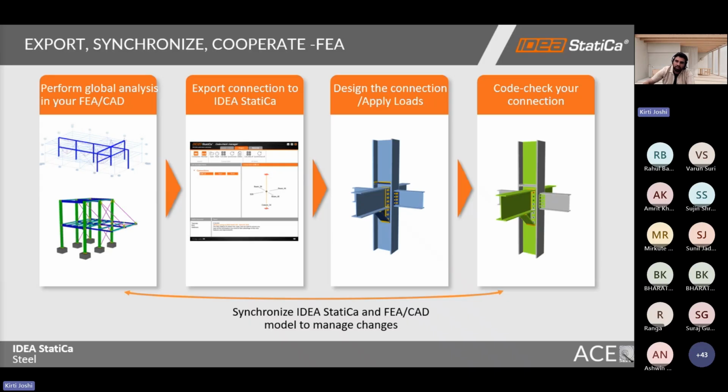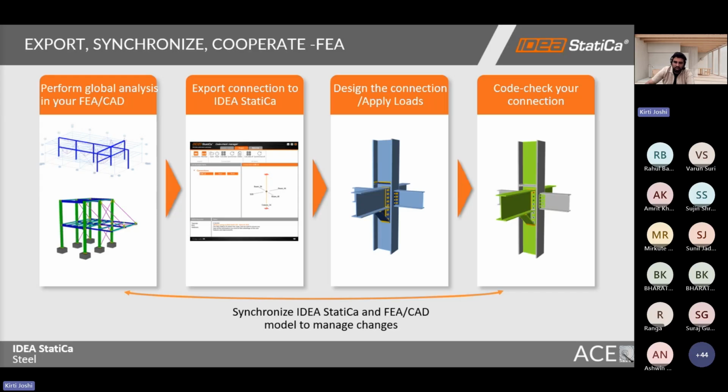For importing the joint, as you can see on the left-hand side, we just have to select the required joint and the members, and you can export the connection into IDEA StatiCa using Checkbot. Once you have used Checkbot, you can adjust the load and start designing, and the output will give you the overall code check.